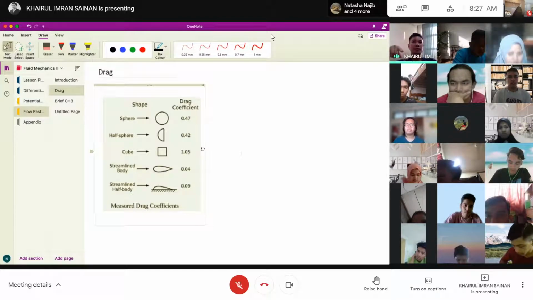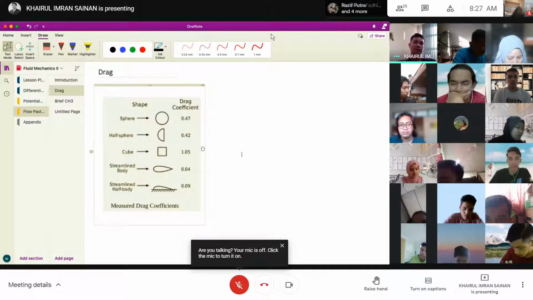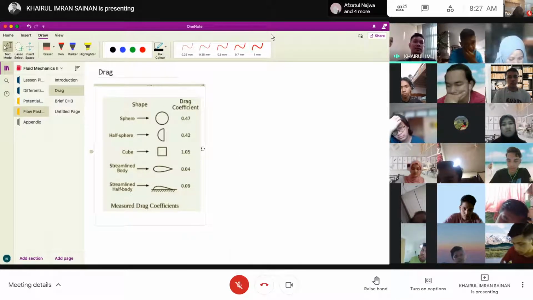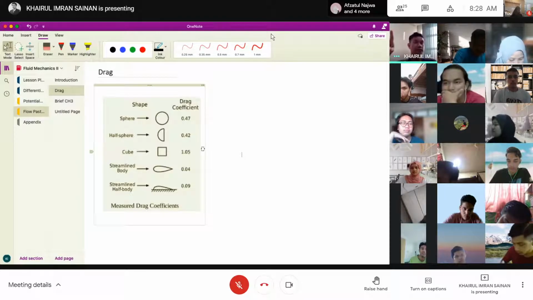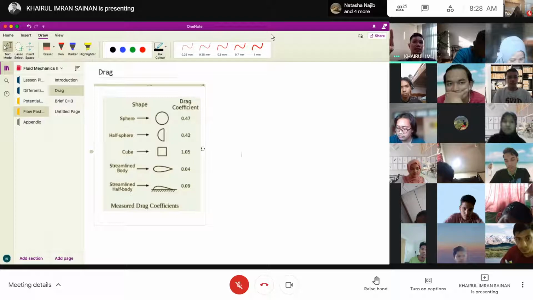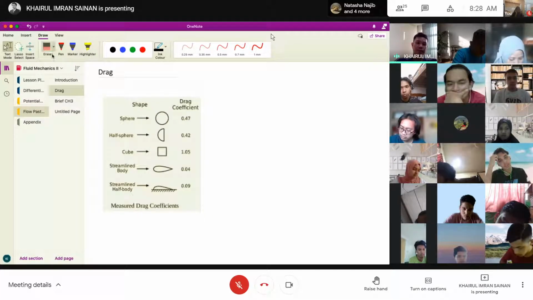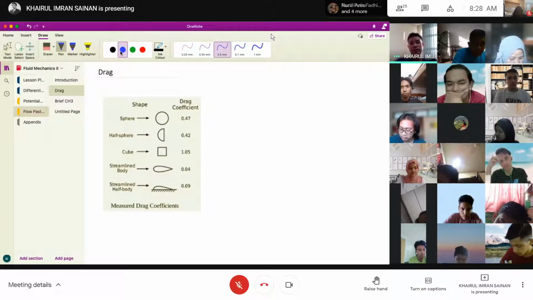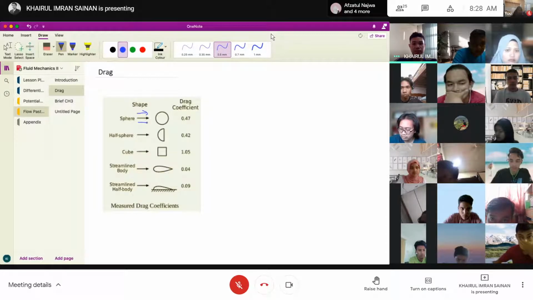The drag is a combination of two things. One is pressure drag, another one is friction drag. Pressure drag is due to the frontal area. This is the flow towards the body.